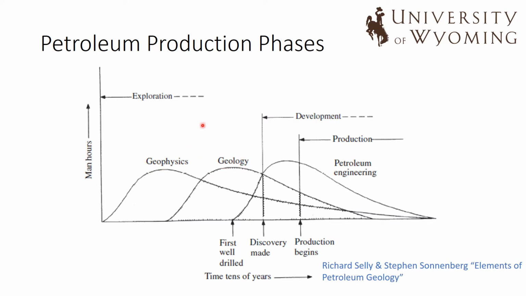Once there is a reservoir and we believe we have enough crude oil that's going to be profitable if produced, then we go to the second phase, which is the development phase. And here comes the role of engineers. So we start drilling wildcat wells. If we discover oil, then we start putting this reservoir on a development plan, and we start drilling more wells and producing more crude oil.